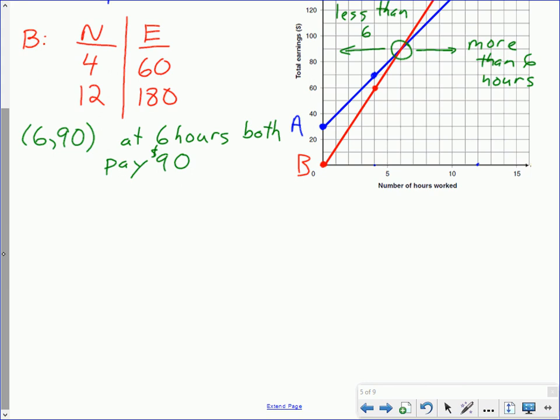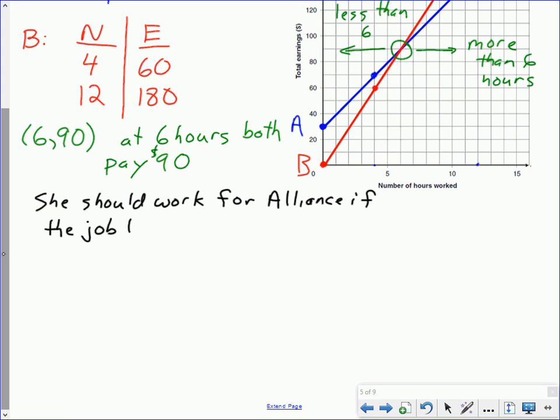We want to say she should work for Alliance if the job will take less than 6 hours, because it's going to pay more. Otherwise, she should work for Best.